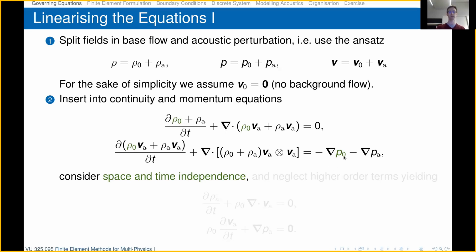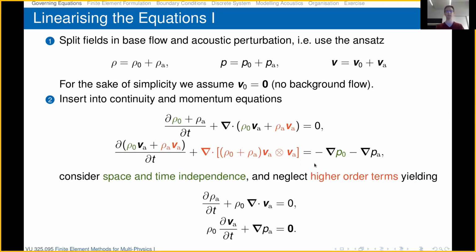And the P0 is also spatially independent. So the gradient of it will be 0. And then we have also some higher order terms now in red. And these will be neglected since we are linearizing around the base flow state, and we can drop higher order terms. So this yields the following equation.